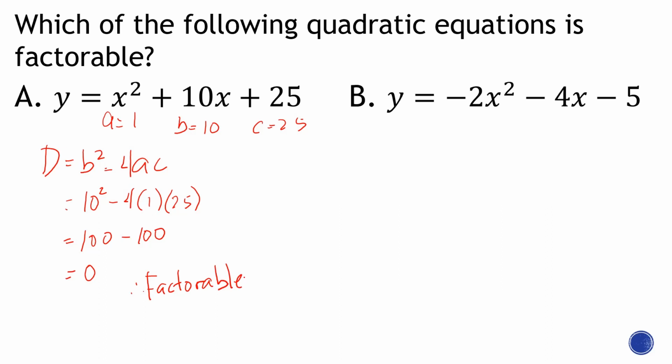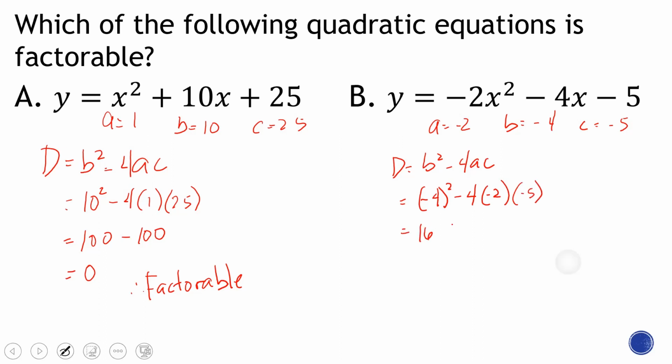Letter B: let's identify a, that's negative 2. b is negative 4. c is negative 5. So D is equal to b squared minus 4ac. That's negative 4 squared minus 4 times negative 2 times negative 5.